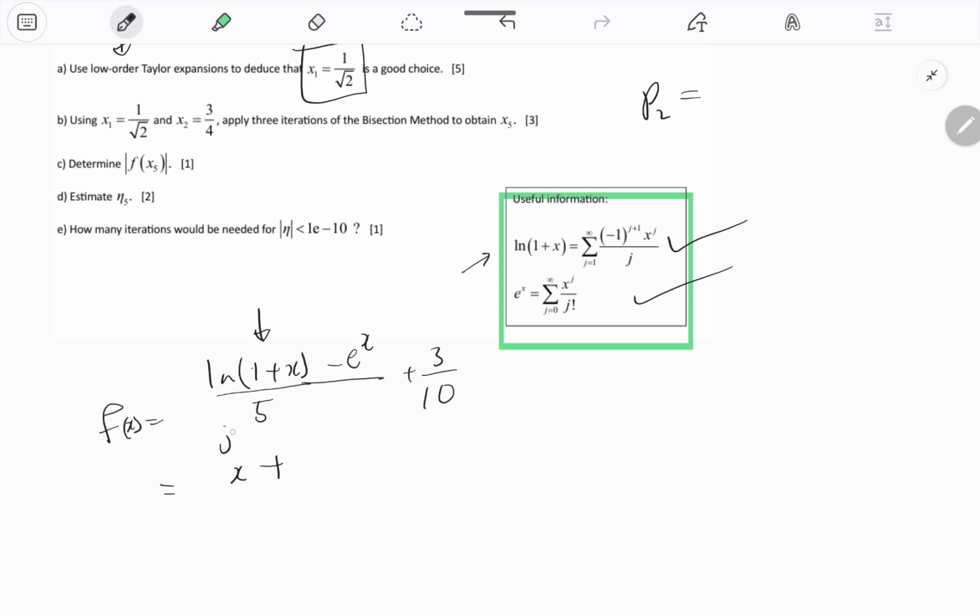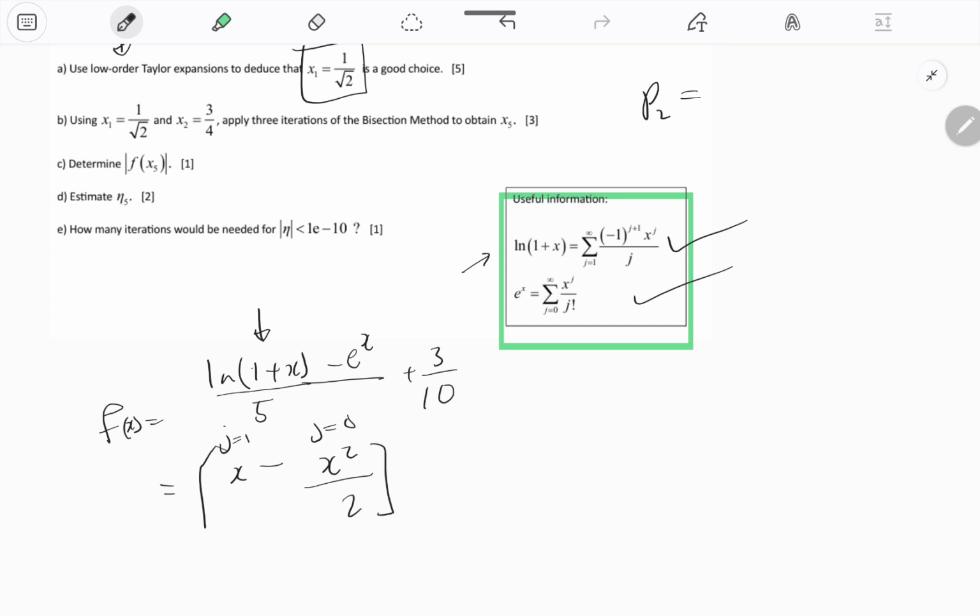Now I'm going to j equals 2. If j equals 2, this will be 3, which means we'll get a negative 10, and that will be x to the power 2, all over j, and now j is 2, so we put 2.